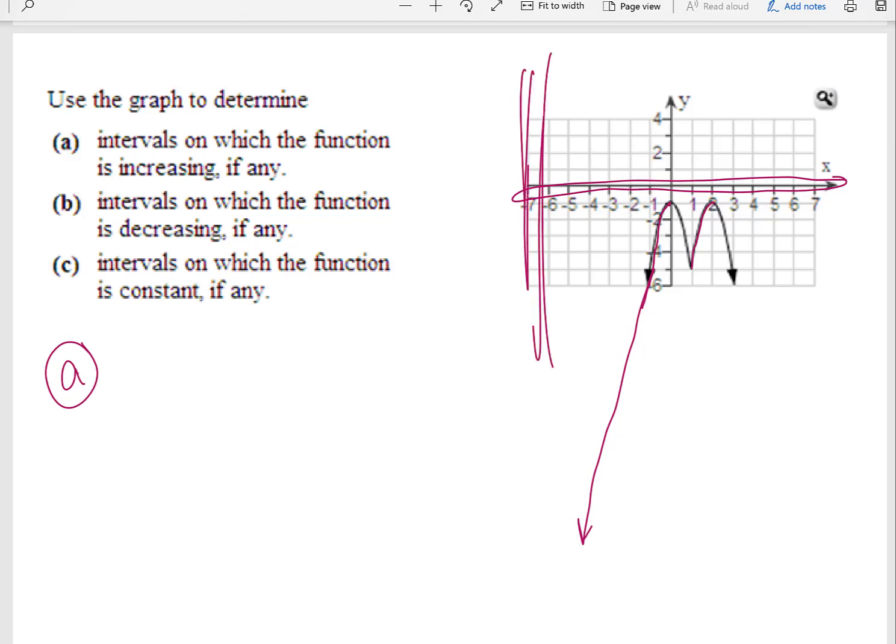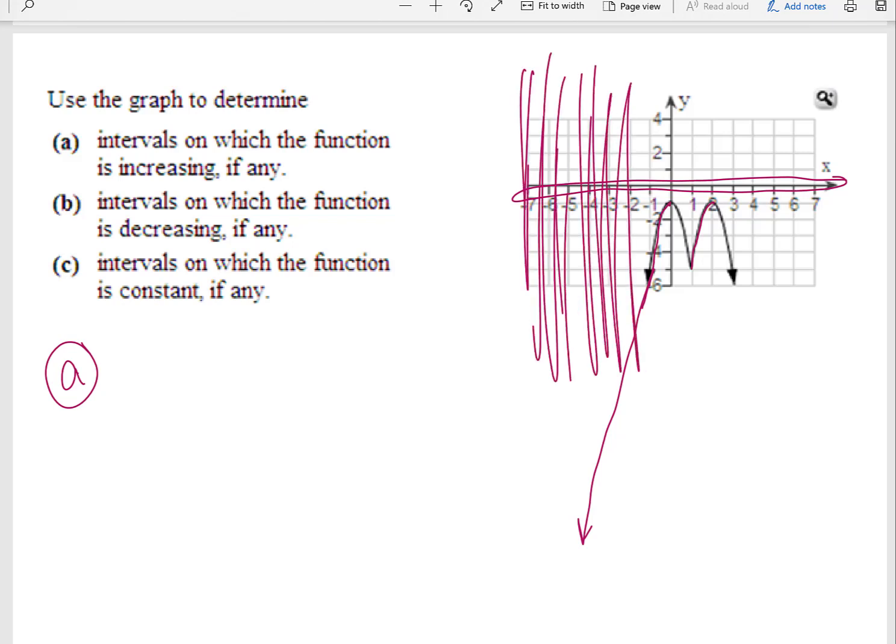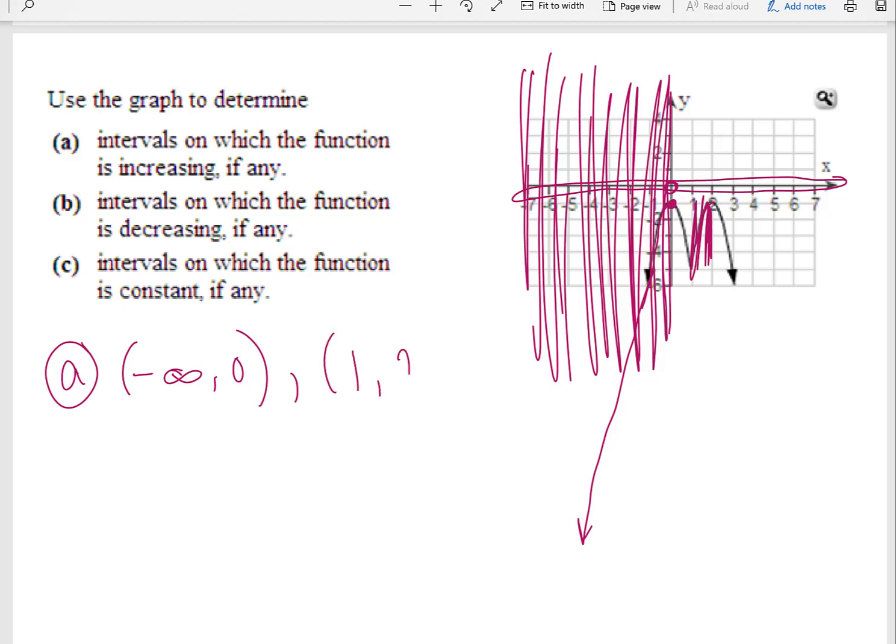So all the way from negative infinity to, where is that in terms of x? On my x-axis, that is x equals 0. So from negative infinity to 0, but then I also see increasing from here to here. So also beginning at 1 until we reach 2.